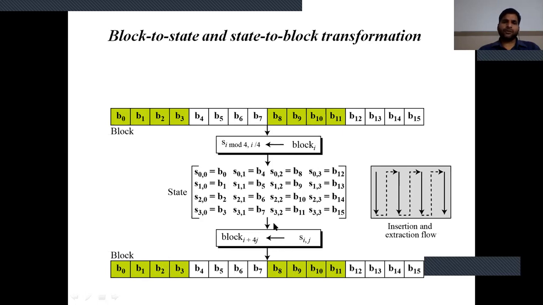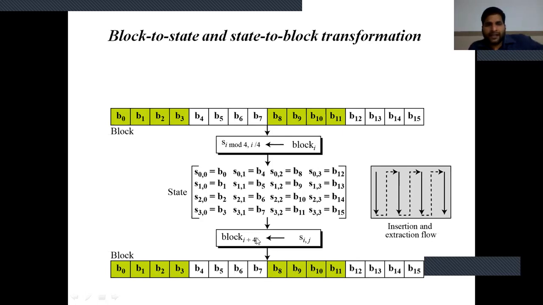Similarly S20 means i value 2, j value 0, giving B2, and similarly B3. S01 means i value 0, j value 1, giving B4. For S11, i value 1 plus 4 into j1 equals B5. This is the state to block transformation.